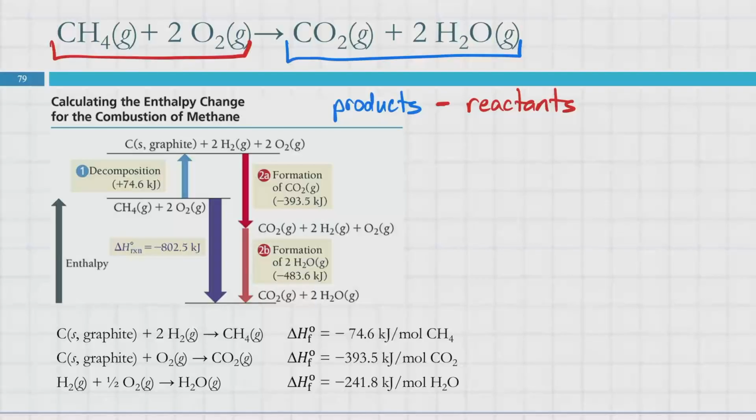So for our products, we've got CO2, we've got one of them, our delta H is this value, negative 393.5. We're going to add to that our other product times its coefficient. It's got a coefficient of 2. So plus 2 times our delta H for water, negative 241.8.